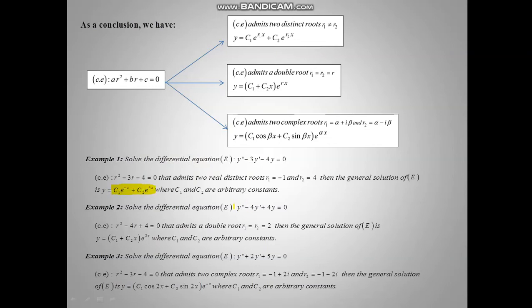Example 2, this differential equation. The characteristic equation is r squared minus 4r plus 4 equal to 0.